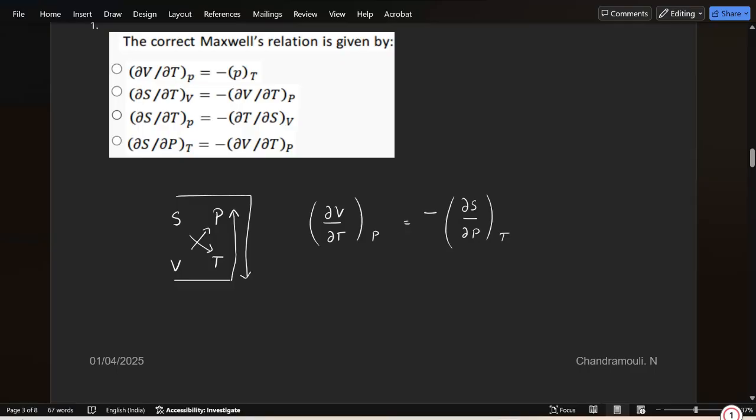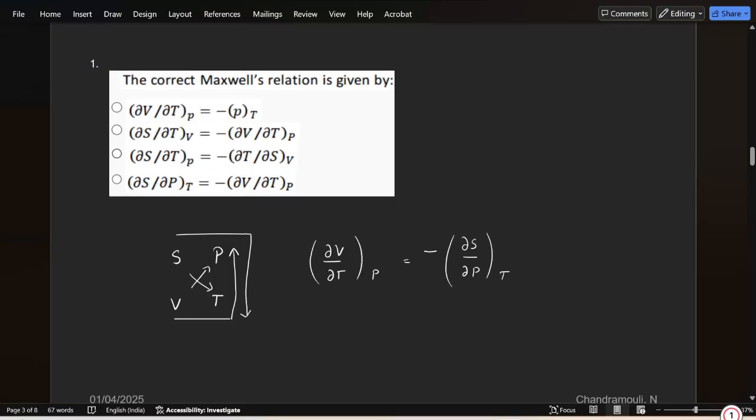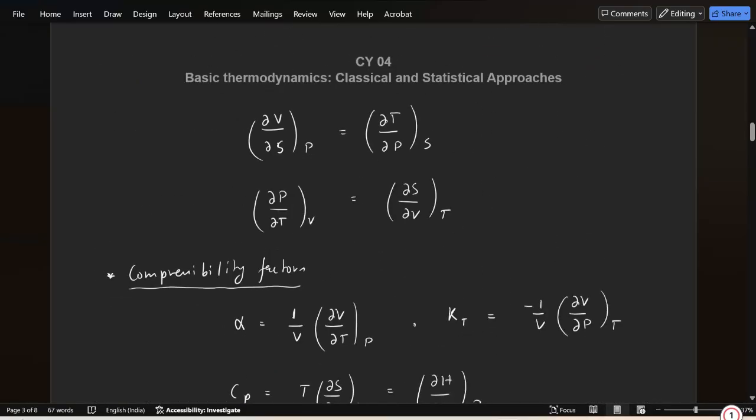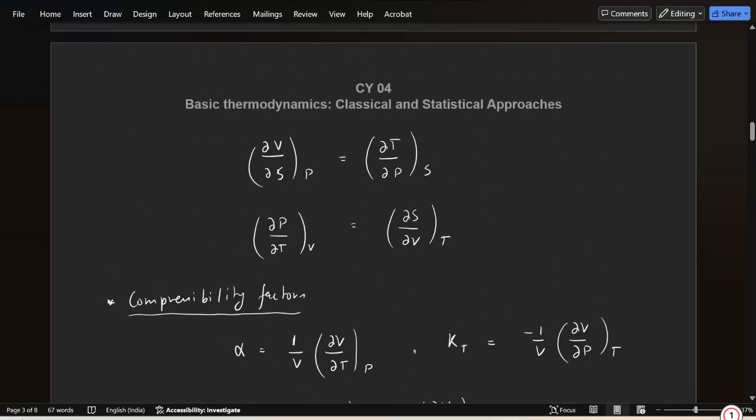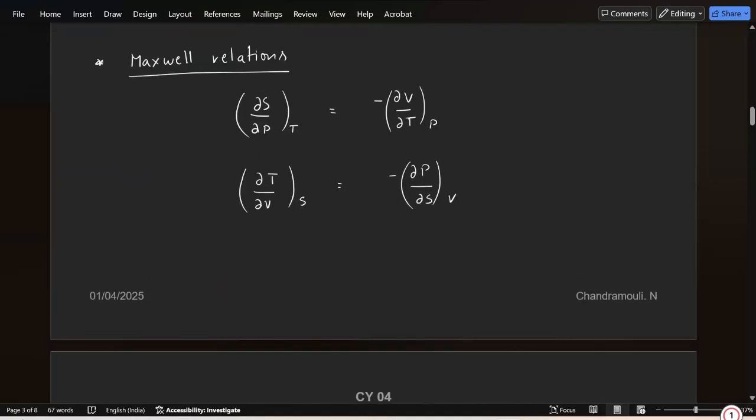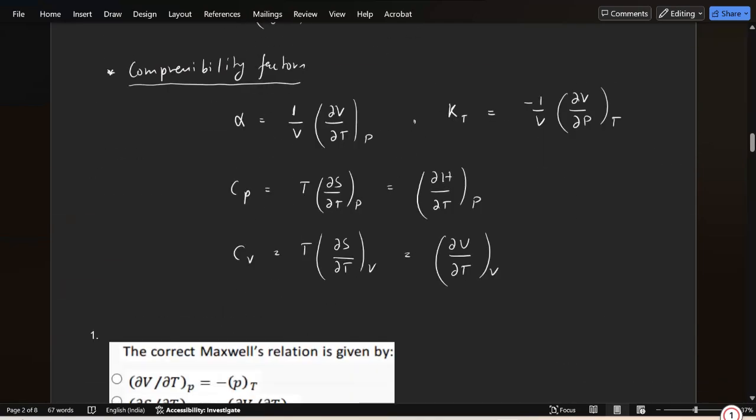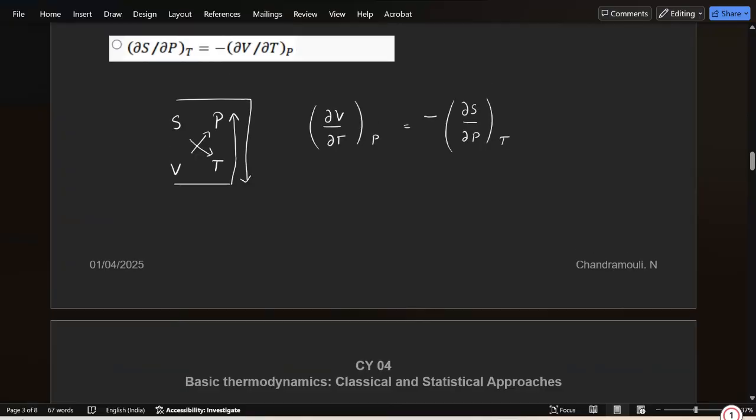Now let's go up and check. You see del V by del T at constant pressure is equal to minus del S by del P at constant T. In the option, where we have del V by del T, we have del T by del V, which is inverse, at constant S. So it's not that.